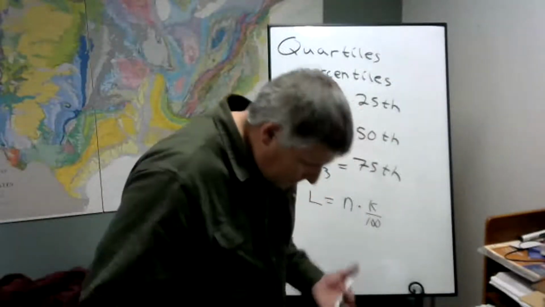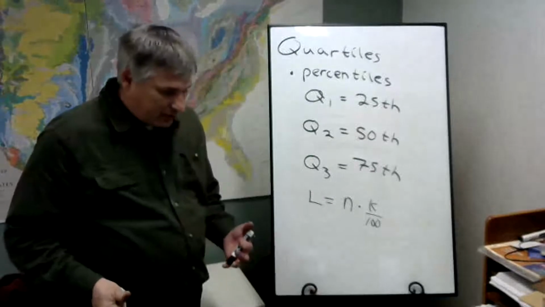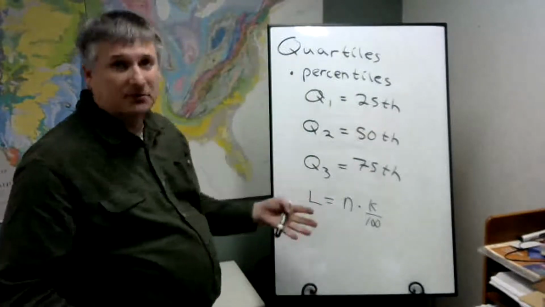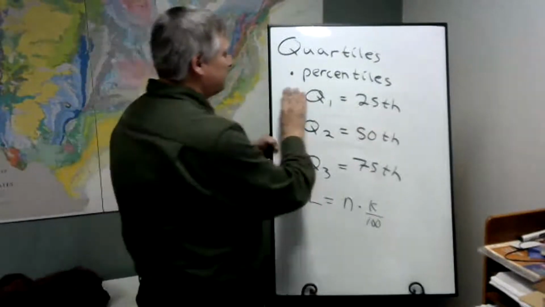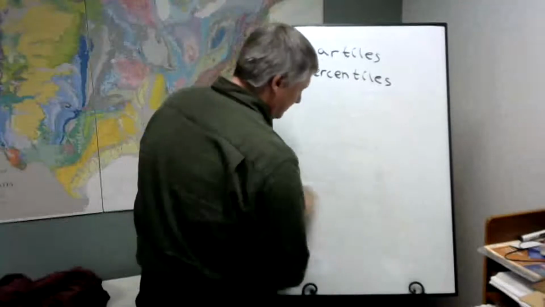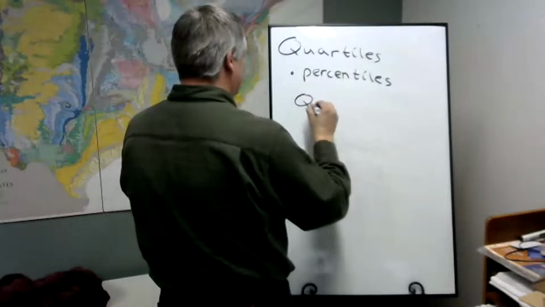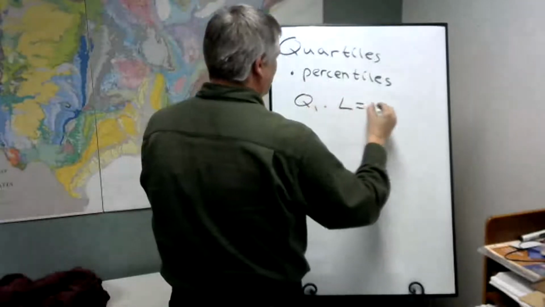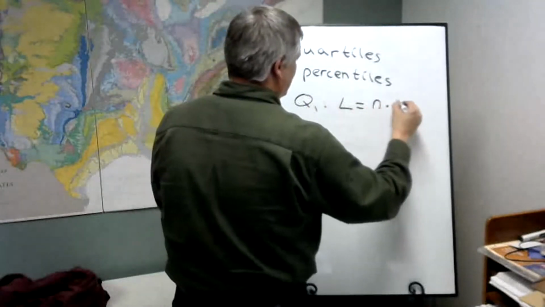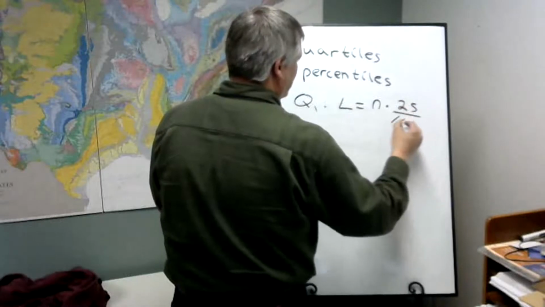And again, we use the same technique that we would use for finding any other percentile. So if you're going to compute Q1, the L value for Q1 would be n times 25 over 100.